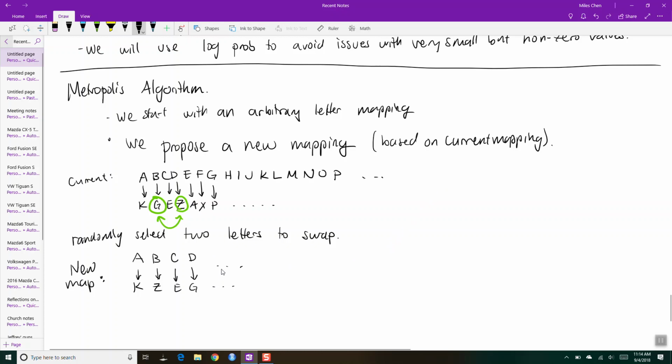Anyway, you randomly select two letters to swap, and then you run the message through that. Actually, I'm sorry, this is not a good example because this is actually the correct decoding.